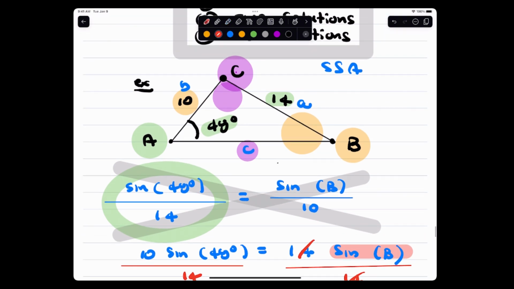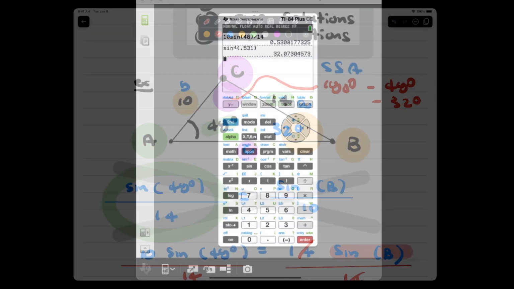So you say, okay, B is 32 degrees. But then that means a few things here. Could you guys tell me what angle C might be? 180 minus 48 minus 32.